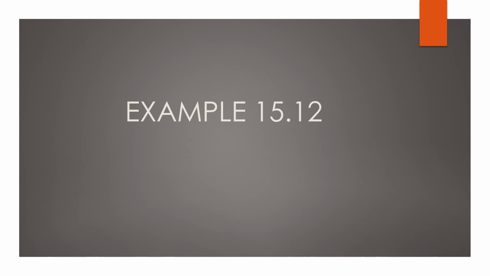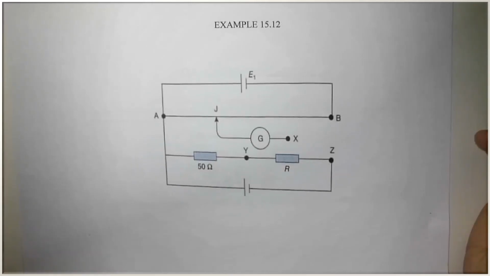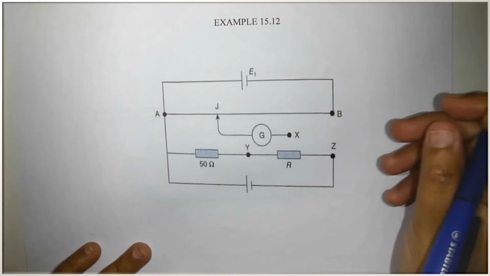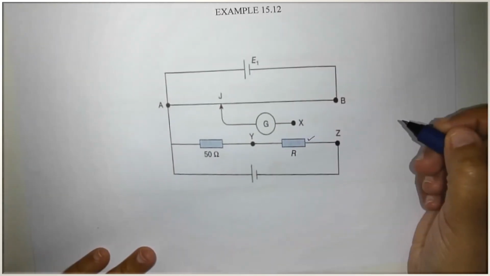Let's try and do another example. Now let's turn to page 127 from your reference book Oxford Fajar and read example 15.12. Example 15.12 in page 127. The circuit diagram below is used to determine the resistance R of a resistor.